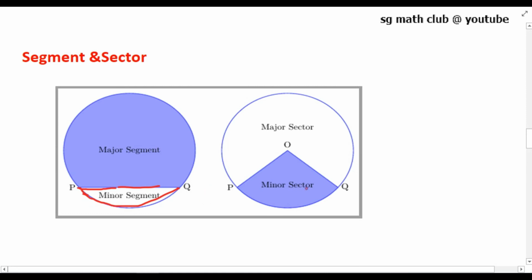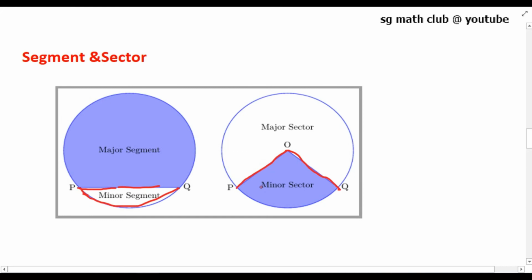Next we have sector. The region between an arc and the two radii joining the center to the end points of this arc is called a sector.